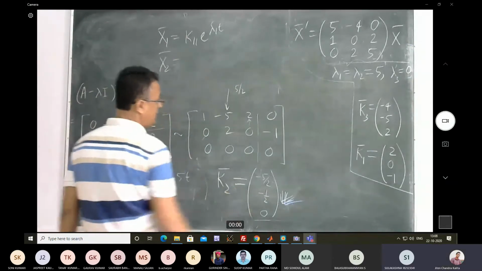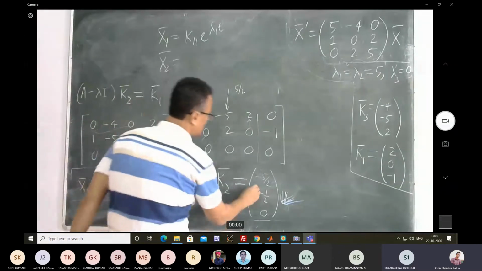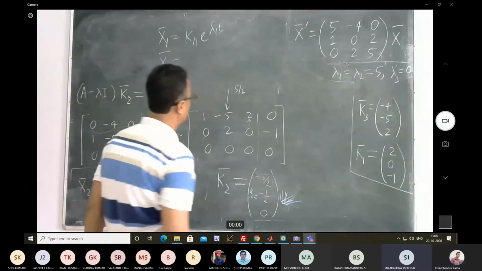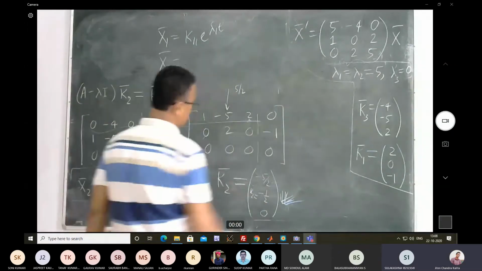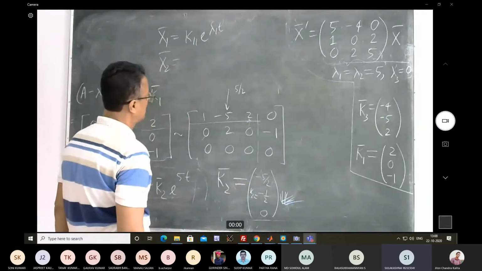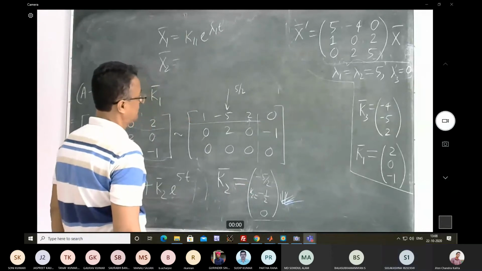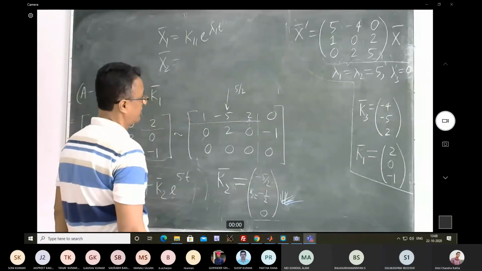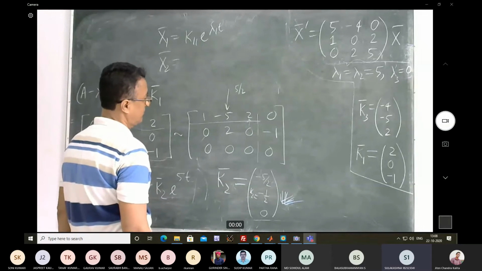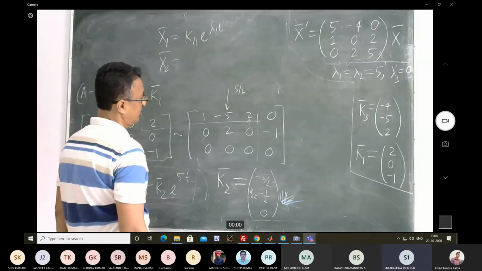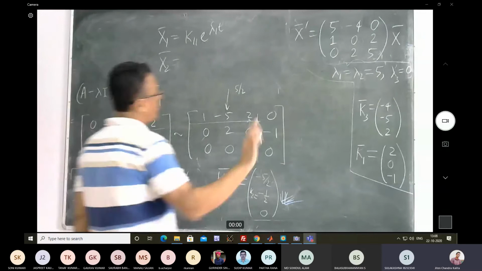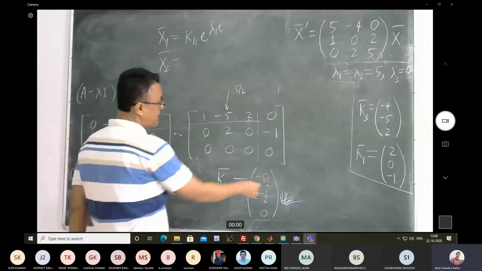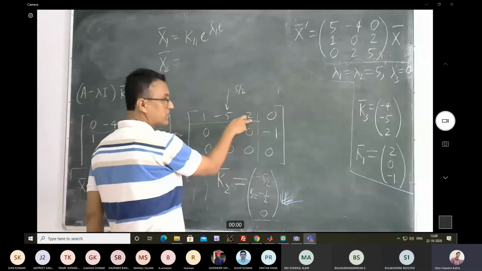Okay, fine. And then from row 1, small k1 is dependent on k3. So by that, we will get the solution in the form of this vector. Okay. So rather than making K1 as 0, you are trying to make K3 as 0.